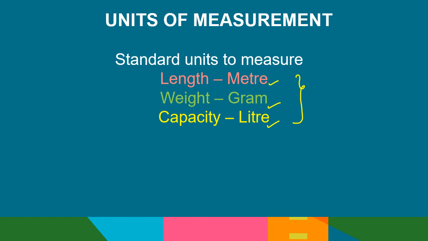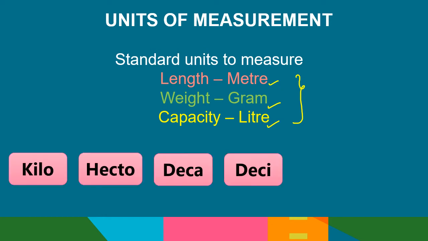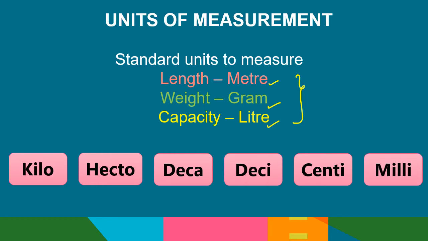These prefixes are kilo, hecto, deca, deci, centi, and milli. Kilo, hecto, and deca are used for the higher units than the standard unit. Means if we have to form the higher units than the standard unit, then we use kilo, hecto, and deca.